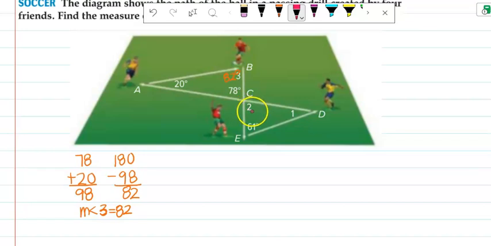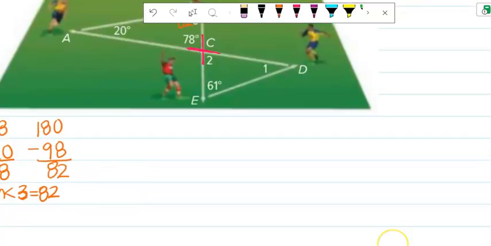Okay, so angle 2, maybe you can see it already, but we have this X here. This diagram kind of looks like a lopsided bow tie, with this X here in the middle. And whenever we see an X with angles across from it, we know that these are vertical angles.